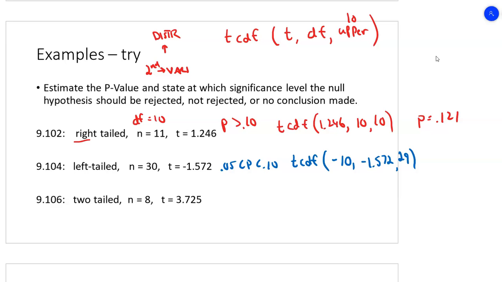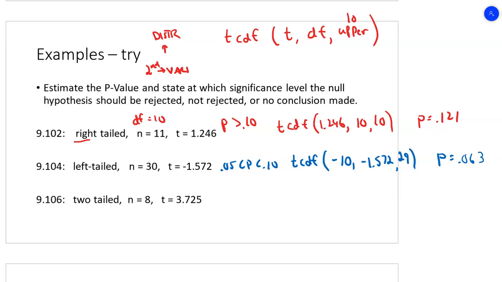I'm going negative 10, comma, negative 1.572, and 29 degrees of freedom. And the calculator gives me 0.063. And I think the homework is going to ask you, rather than to do a range, to do one of these, where either you use StatCrunch or the graphing calculator.